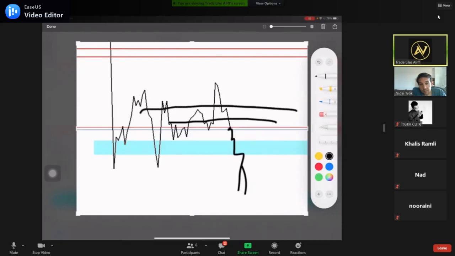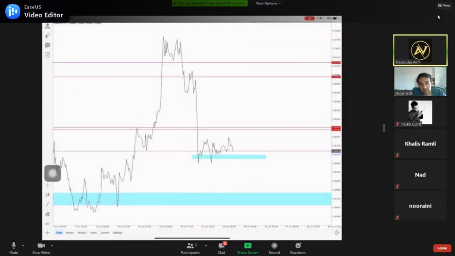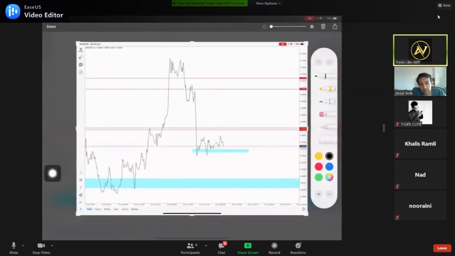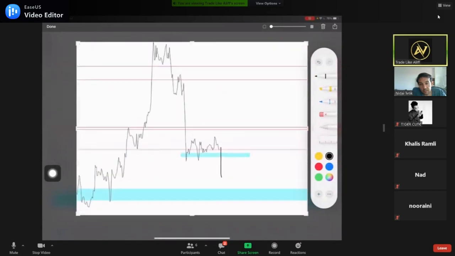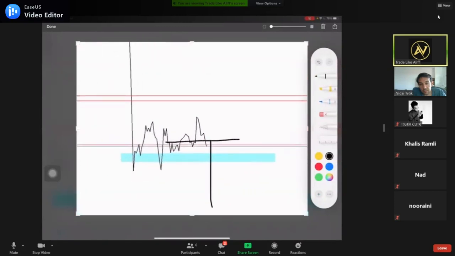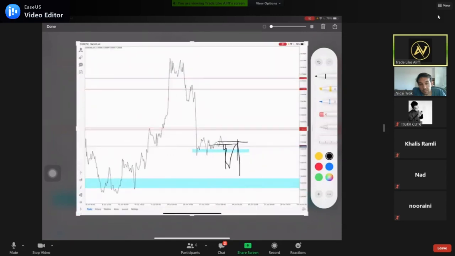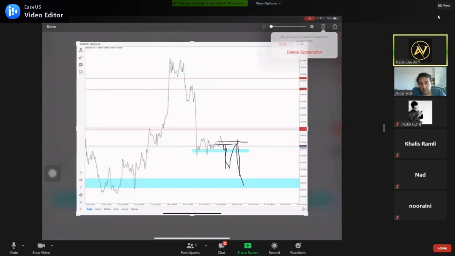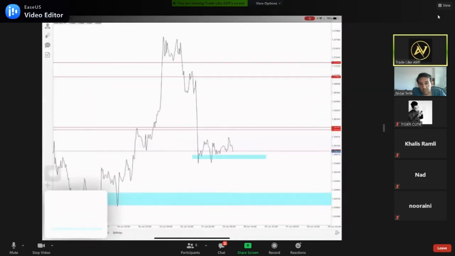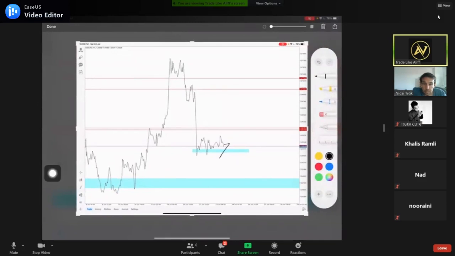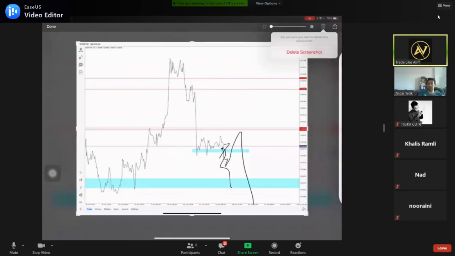Here. Okay, if price breaks out, you already know where to entry. You entry here, and you can entry here. Big movement breaks out, comes back, goes down. If it doesn't really go down here straight, but if it breaks out, usually it will come back and go down to complete it.